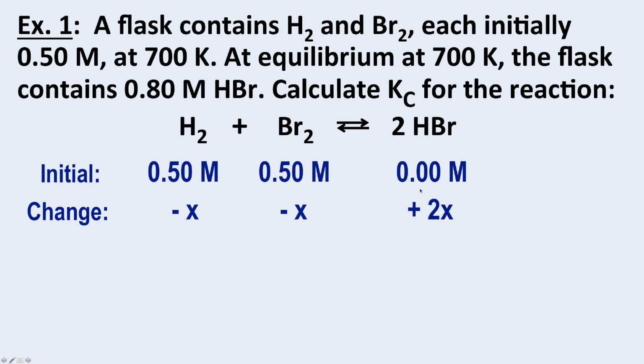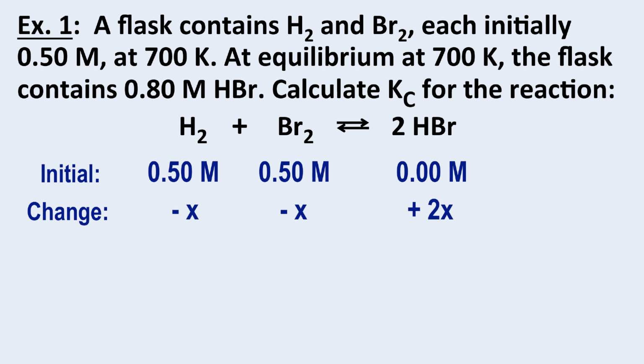And then the HBr concentration increases, and we put a factor of 2 in front of the X for HBr, because for every 1 H2, it reacts with 1 Br2 and produces 2 HBr. So the stoichiometry indicates a 1:1 to 2 relationship for the changes that occur.